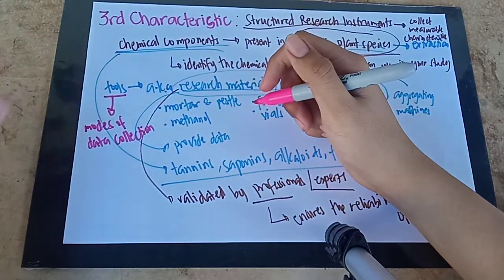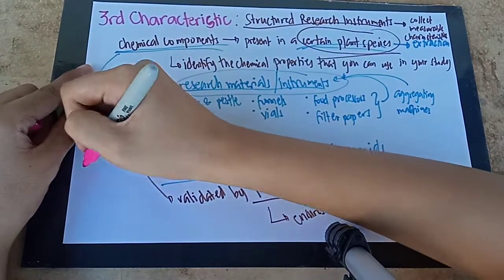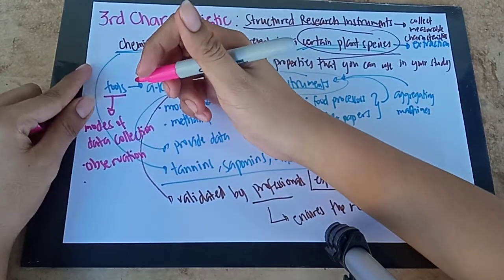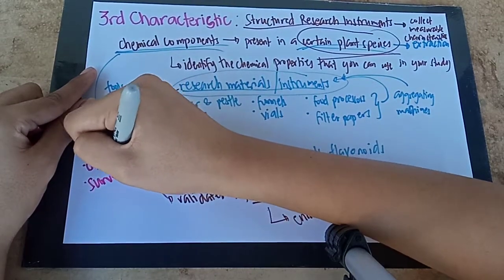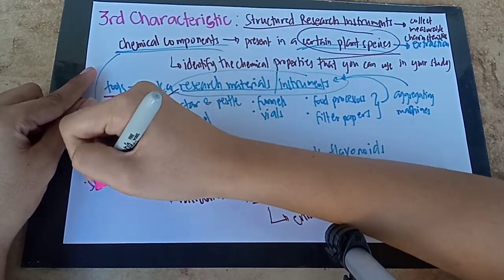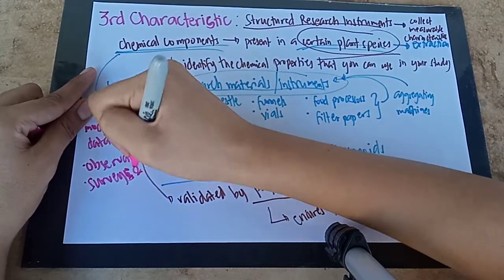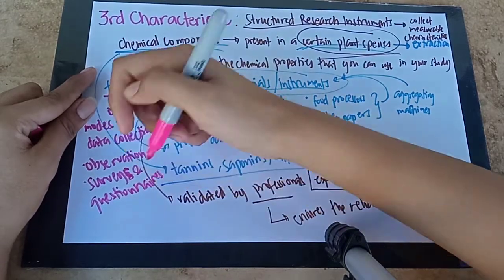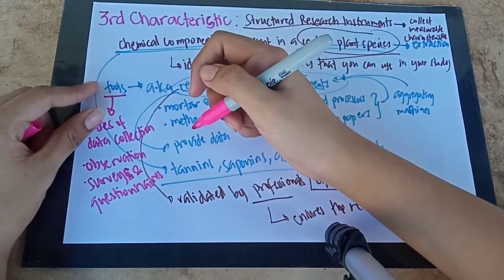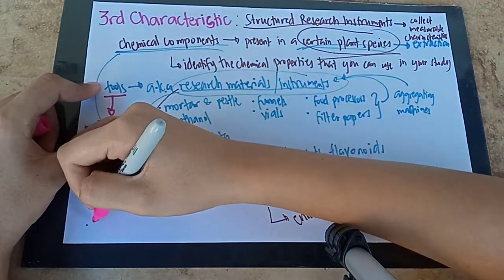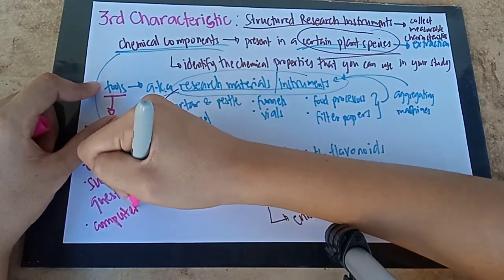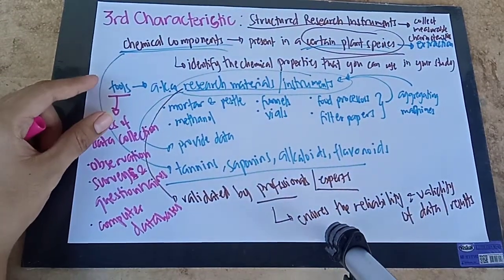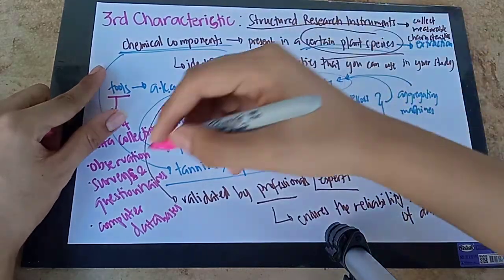The modes of data collection can be in the form of observation, surveys and questionnaires, computer databases, so you can gather data in computer databases, and also interviews.